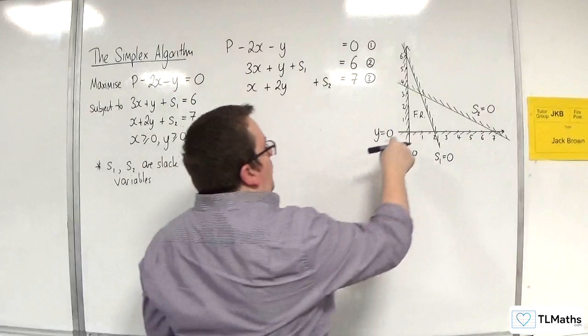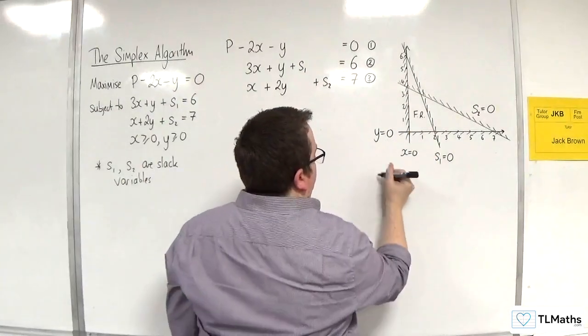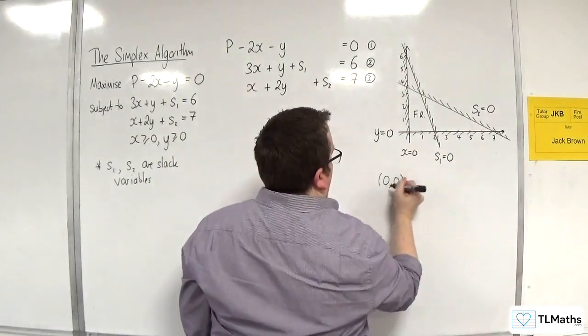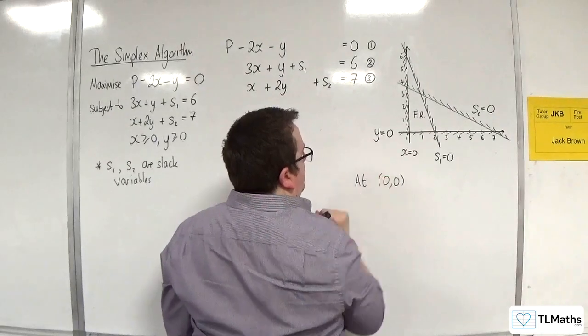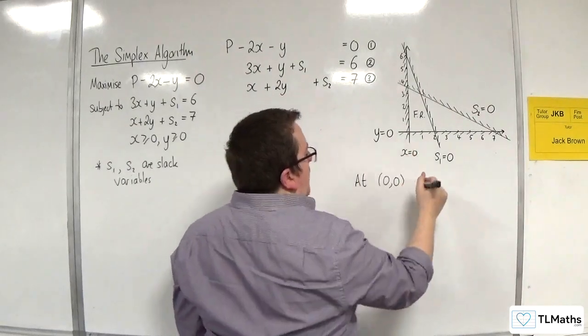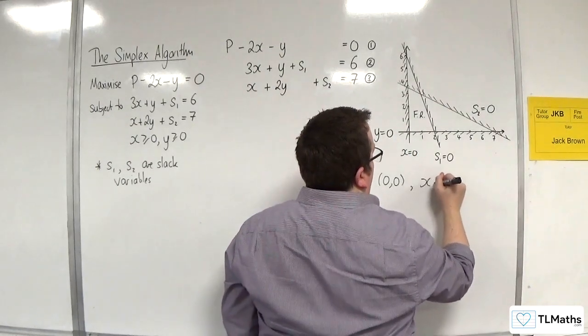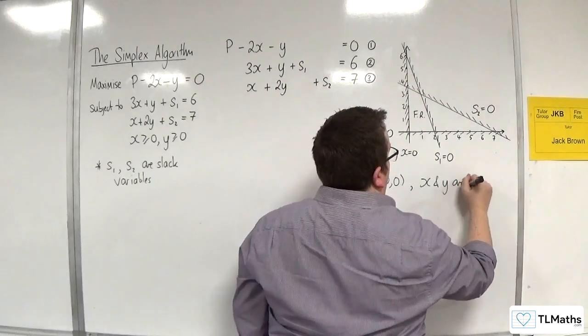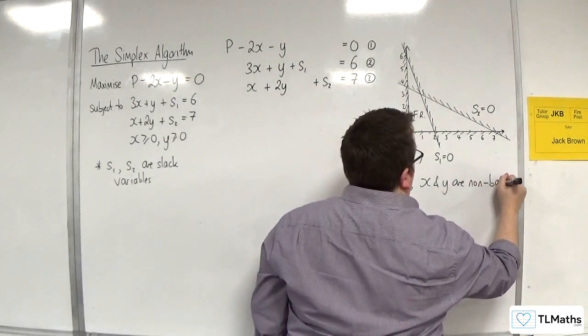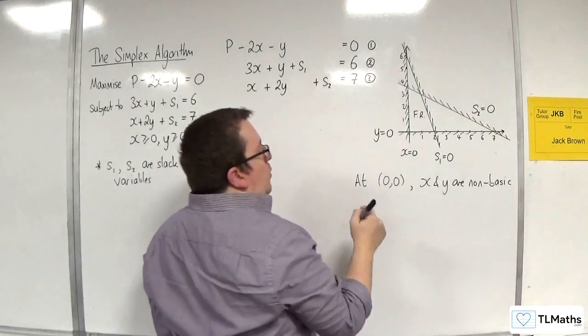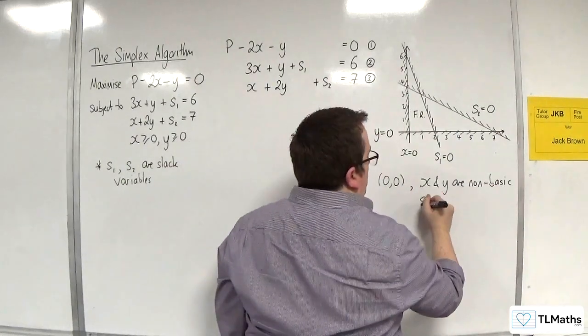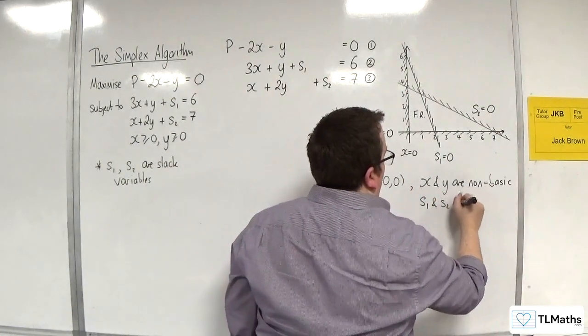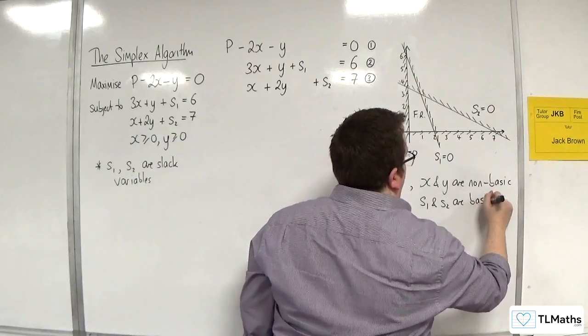So at this point, at 0, 0, x and y are non-basic, while s1 and s2 are basic.